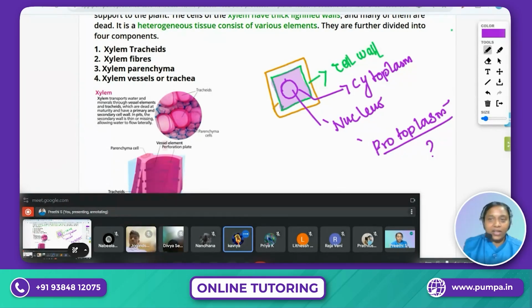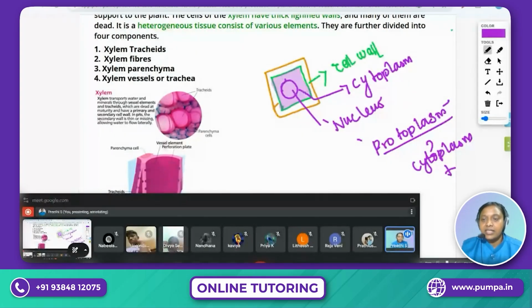Protoplasm is cytoplasm plus nucleus. Cytoplasm and nucleus form the protoplasm, which is the living part. If a particular cell has protoplasm, we can say it's a living cell.